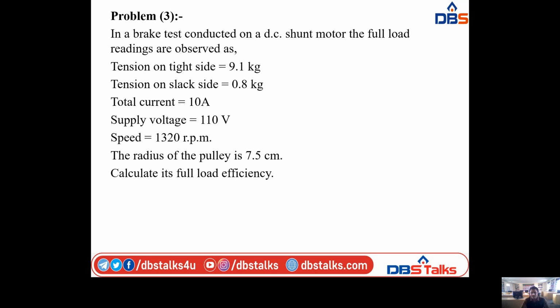So total input, we have to calculate the total input, that is V into I1. So for the motor, V into I1, that is equal to 215 into 40, that is equal to 8600 watts, and output power for the machine is V2 into I2. So that is equal to V2 is 160 volts into I2 is 32 amperes. So finally we have the output power 5120 watts, and total losses in two machines.